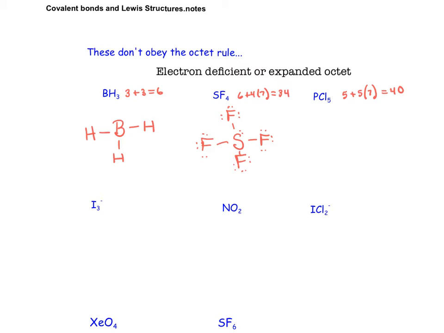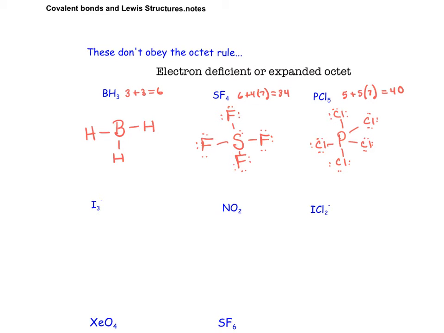PCl5 is a little different. I have phosphorus and I have 5 chlorines. And first I have to connect them, and just by connecting them, I am using an expanded octet. And if we count the electrons, that's 40 of them.